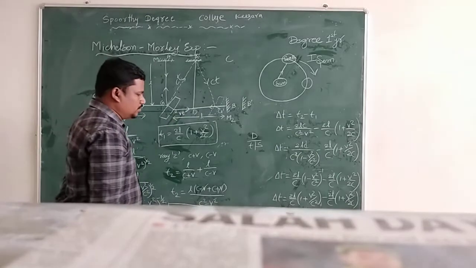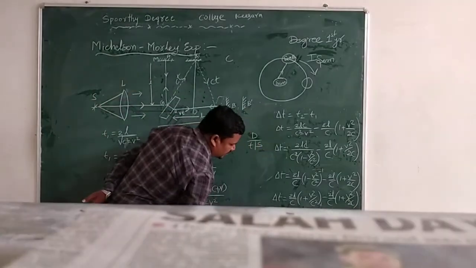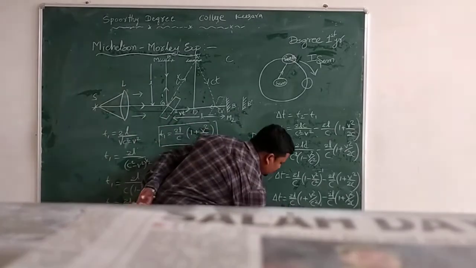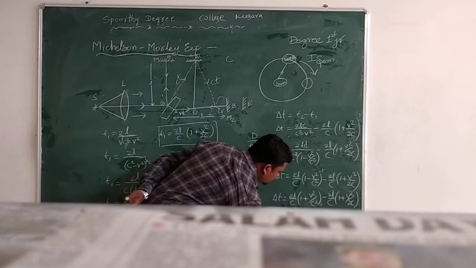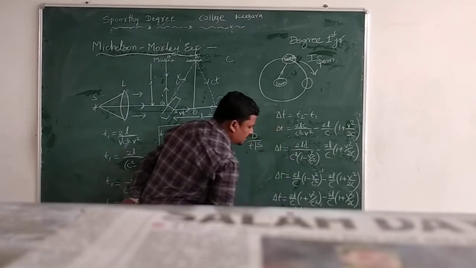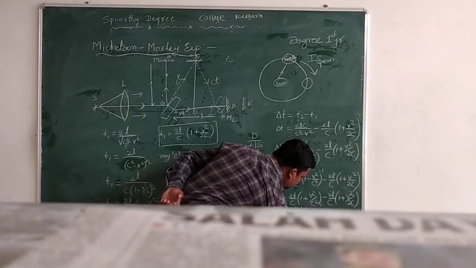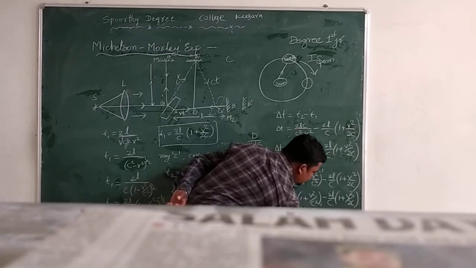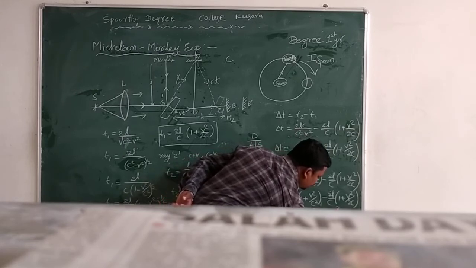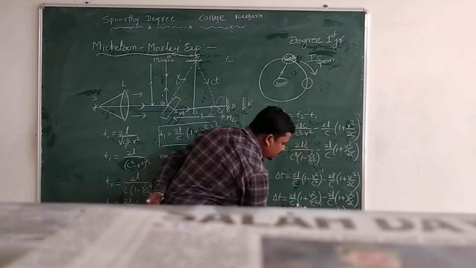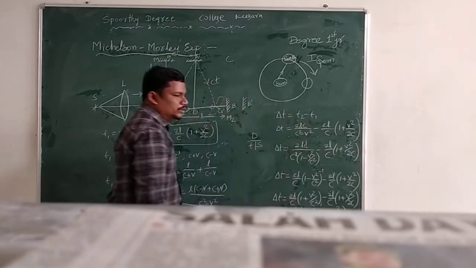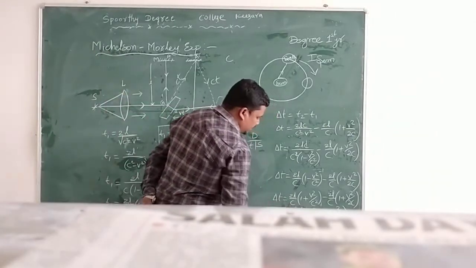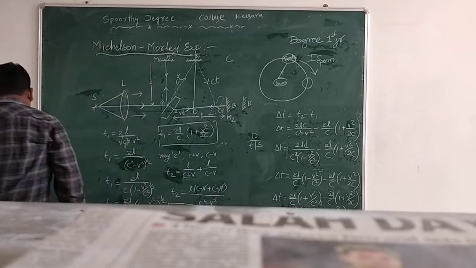Then in these two conditions, delta t, take 2L by C as common. Then 1 plus V square by C square minus 1 minus V square by 2C. 1 is common. V square by C square minus V square by 2C. Then 1 minus 1 by 2, then plus 1 by 2.